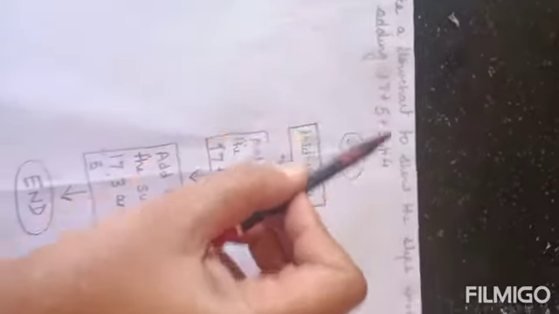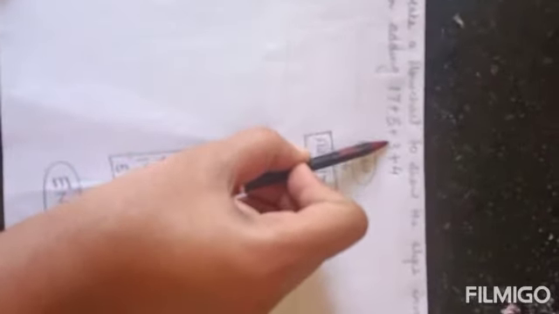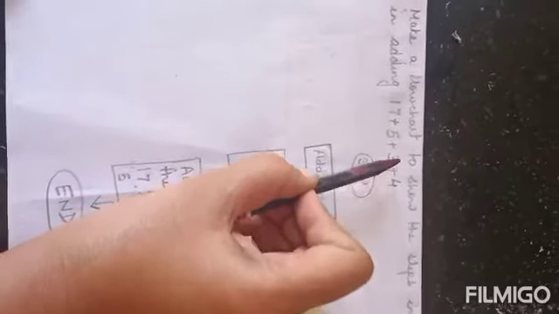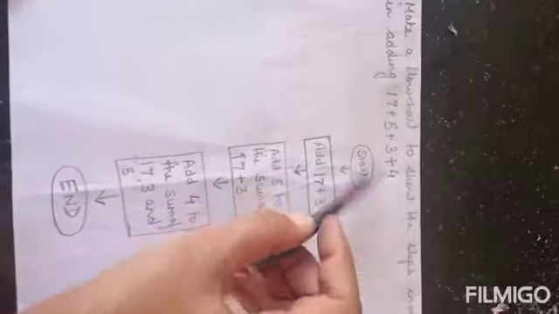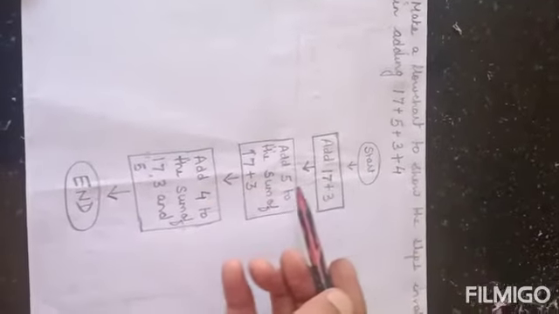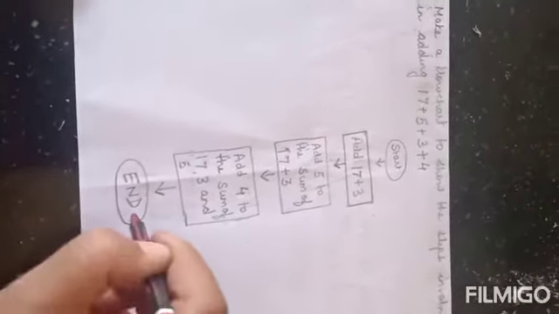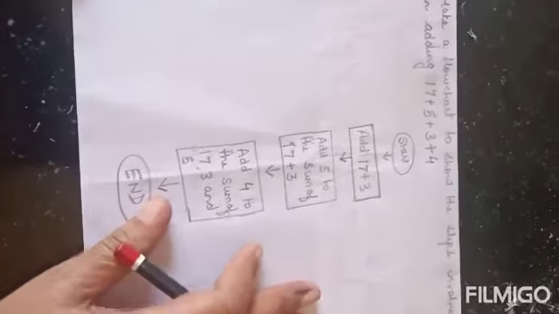So let's make a flowchart for the same. The question is, make a flowchart to show the steps involved in adding 17 plus 5 plus 7 plus 4. This is a complex addition, and we are trying to solve it in the form of a flowchart.